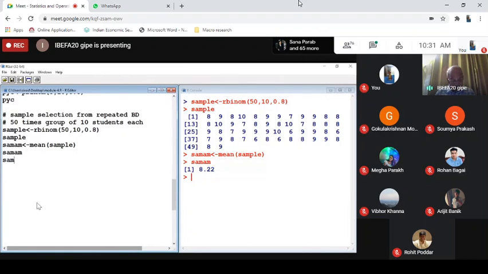Sample standard deviation. How many of you got nearly 8?